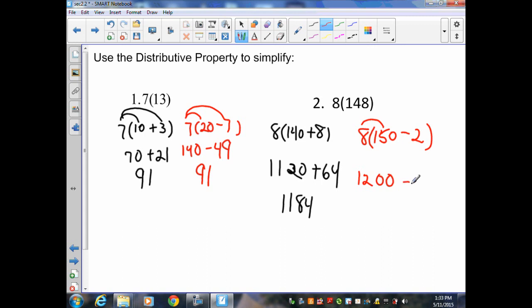Minus 16, which is 8 times 2. And I have 1,200 minus 16 is 1,184. Again, in each case, my solutions had better be the same.